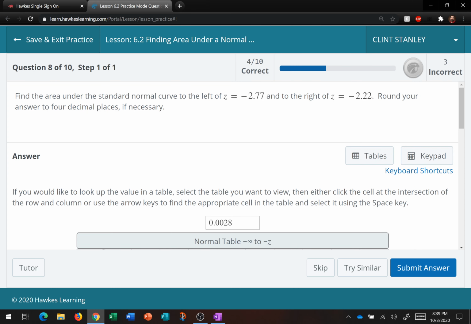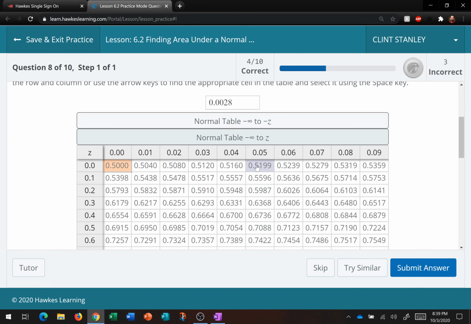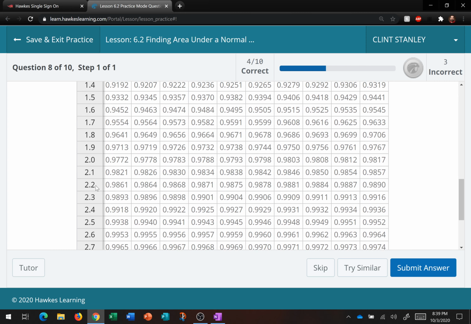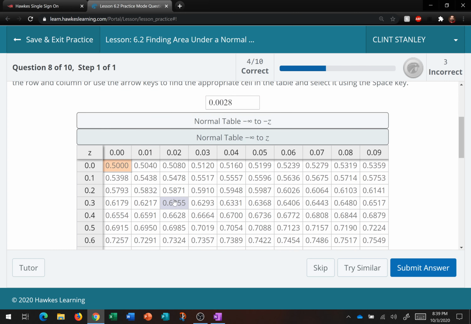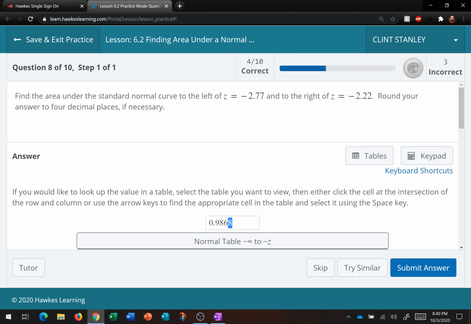The other one we want is the area to the right of negative 2.22. Since it says to the right, I'm going to look up the opposite, positive 2.22, which is 0.9868. I'm going to add that to the 0.0028 from the last one. Add those together and get 0.9896. And that should be our answer.